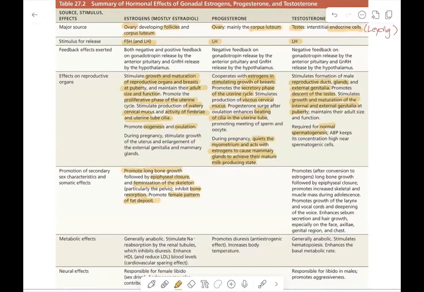For the secondary sex characteristics, it promotes, after conversion to estrogens, long bone growth followed by epiphyseal closure, like the estrogen did in the ladies, increases skeletal and muscle mass during adolescence, promotes growth of the larynx and vocal cords because there are testosterone receptors on the larynx, so there's a deepening of the voice, and enhances sebum secretion and hair follicles on the face, axilla, genital region, and chest.